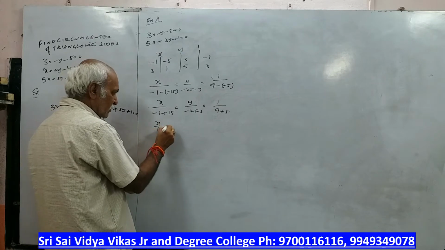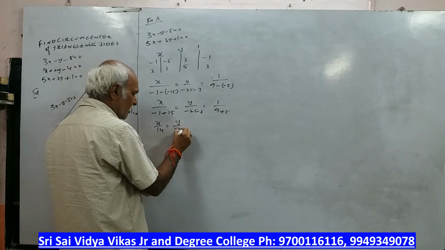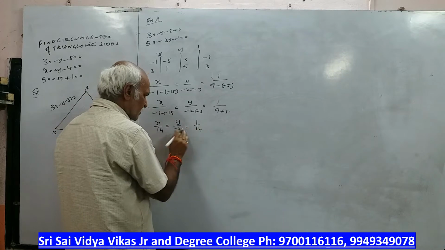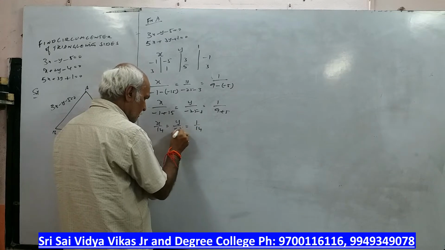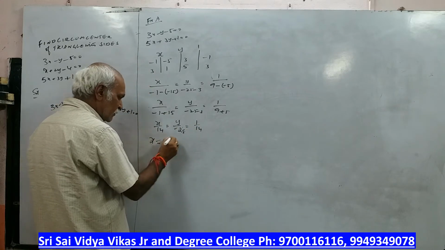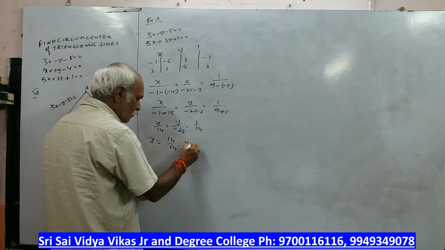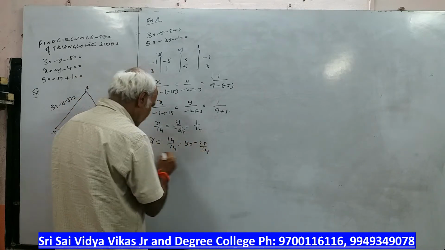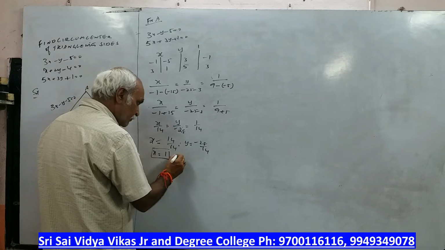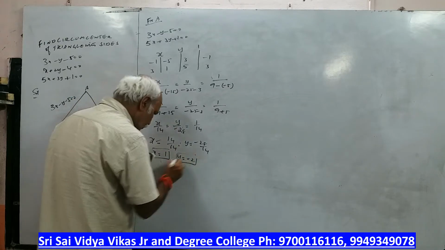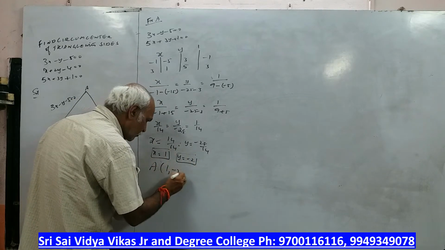So x by 14, y by minus 28, 1 by 14. Therefore x is equal to 14 by 14, y is equal to minus 28 by 14. So x is equal to 1, y is equal to minus 2. So I am writing A point 1 comma minus 2.